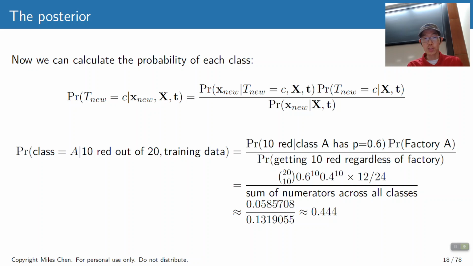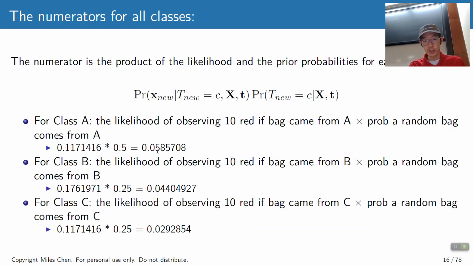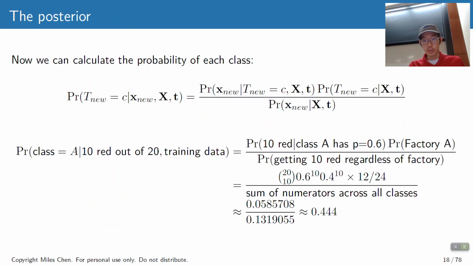So for this first value, I'm taking this numerator, 0.05857, and dividing by 0.1319, and I get 0.444. That's the value after I scale it up. This is found by Bayes' rule. What is the probability it belongs to class A if the observed data I have is 10 red out of 20 marbles? We ask: what is the probability of getting 10 red out of 20 marbles if class A has a probability of 0.6?